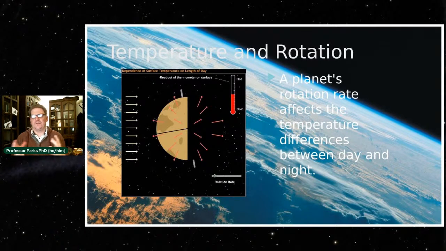Its rotation is around 270 days. It's exceedingly slow rotating, but because the atmosphere is so thick, it transfers that energy very efficiently. So it doesn't really matter if you're on the day side or the night side of Venus. The temperature is going to be a lovely 400 degrees Celsius year-round, wherever you are.